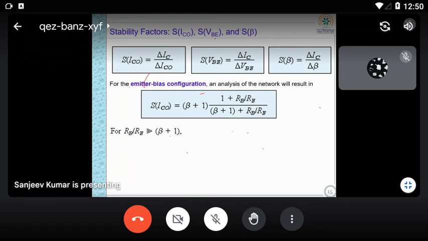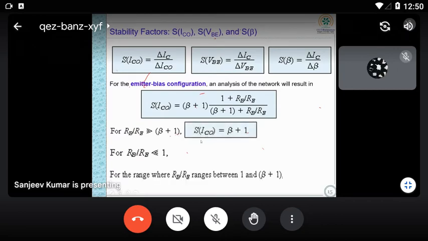Now for RB by RE greater than beta plus 1, because RB is considered a very high value with respect to RE, this equation will be, you can see, stability will be only beta plus 1 value.